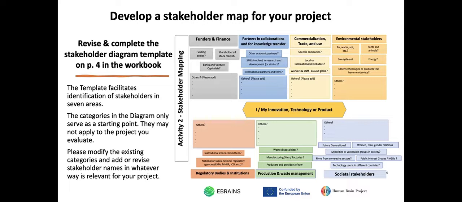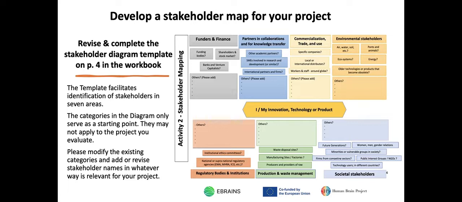The diagram on this slide and also in the workbook shall facilitate identification of stakeholders in 7 areas. These include, for instance, societal stakeholders. Who are the key societal stakeholders involved or affected by your innovation or invention? Who are the key environmental stakeholders?